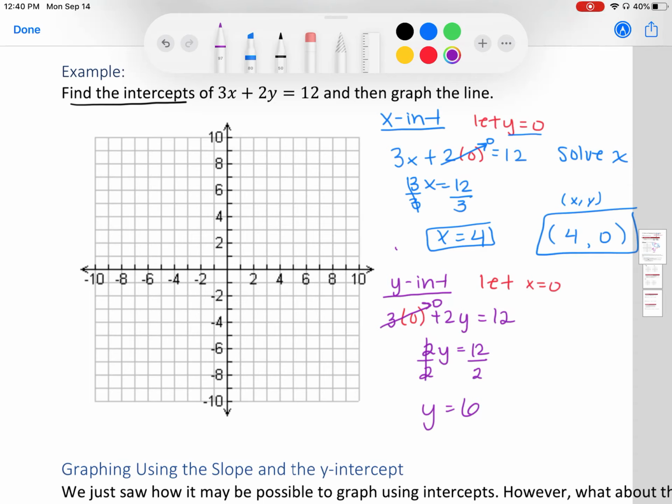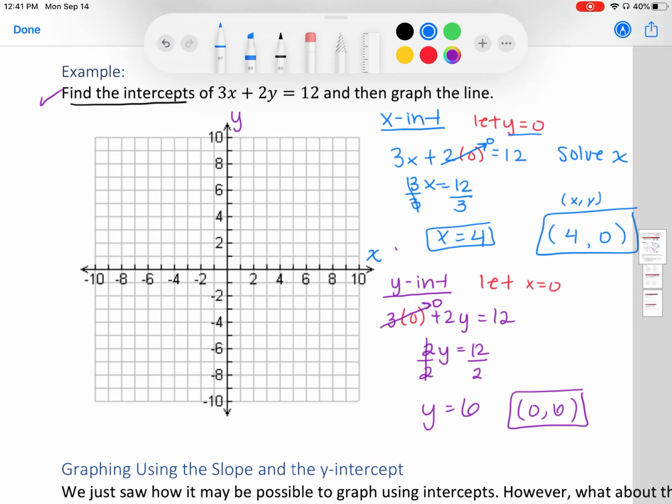So let's write our point (x, y). X we said is 0, and we got a y of 6. So these are our points. We found the intercepts. Let's go ahead and graph. Remember, the one that goes up and down is your y-axis. The one that goes left and right is your x-axis.